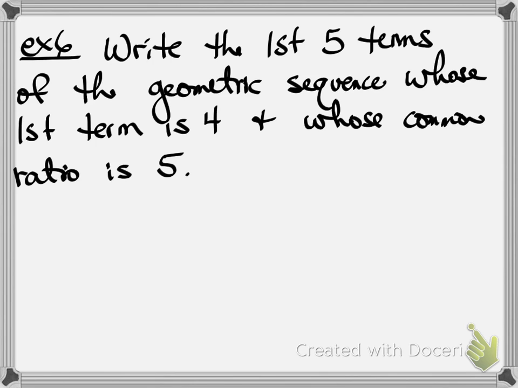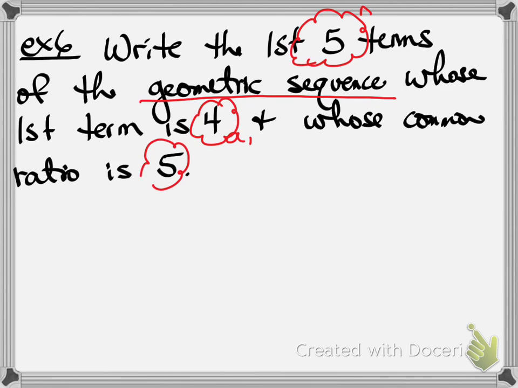I'm going to go through and assign them variables. If we want to write the first 5 terms, that's how many terms we're doing. That's n. It's a geometric sequence, so that's really important. If the first term is 4, that's a sub 1. And if the common ratio is 5, that's our r. Okay, so write the first 5 terms.